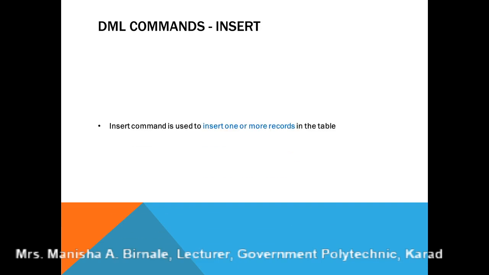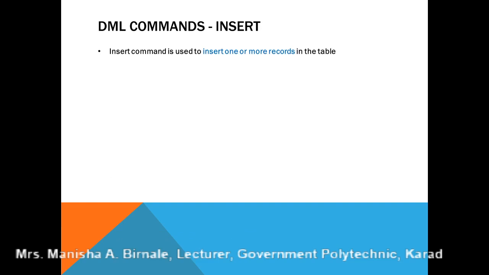The first DML command is insert, and this insert command is used to insert one or more records in the table. The insert query has different forms. The first form of insert is for inserting values in all columns. Suppose the table has n columns and you want to insert values for all those n columns.